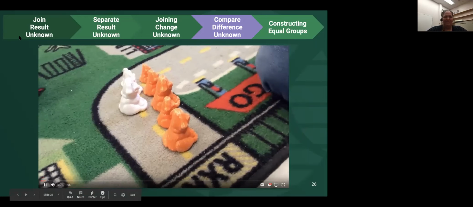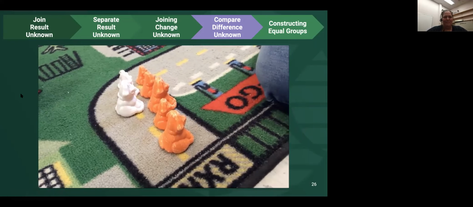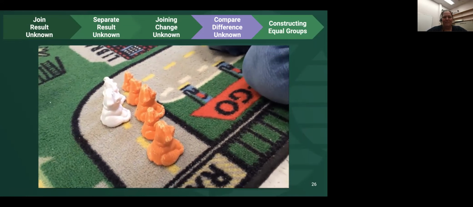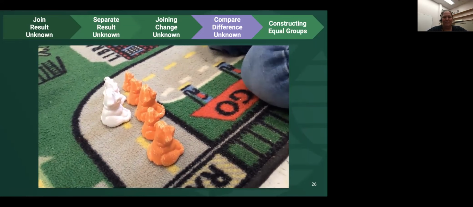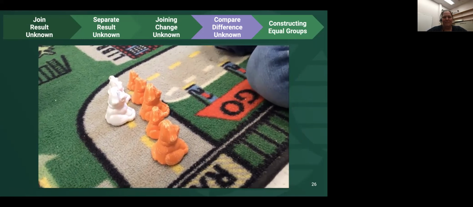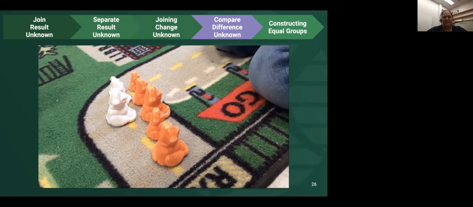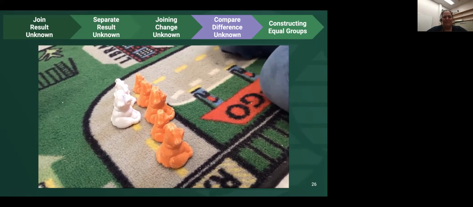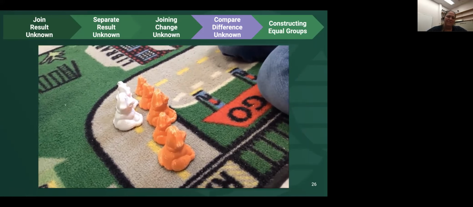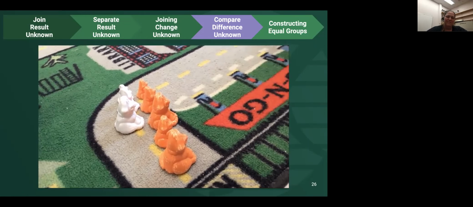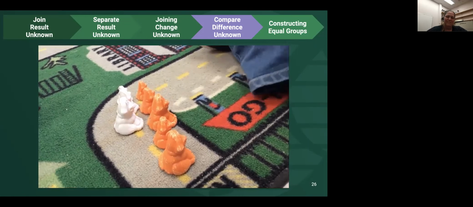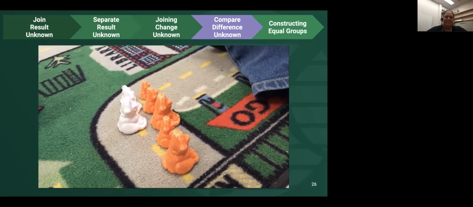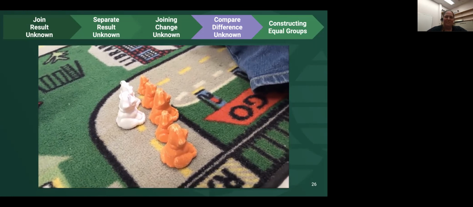Can you tell me about what you're doing? I did 3 and 5. 3 and 5. I see that you have some orange puppies and some white puppies. How many orange puppies do you have? 5. How many white puppies do you have? 3. Do you have more white puppies or more orange puppies? Orange. How many more orange ones do you have?